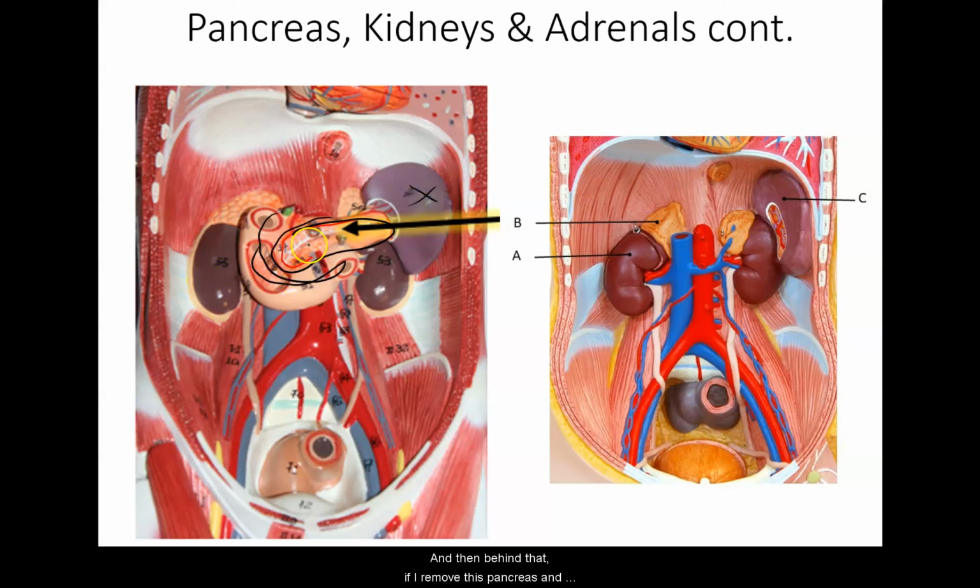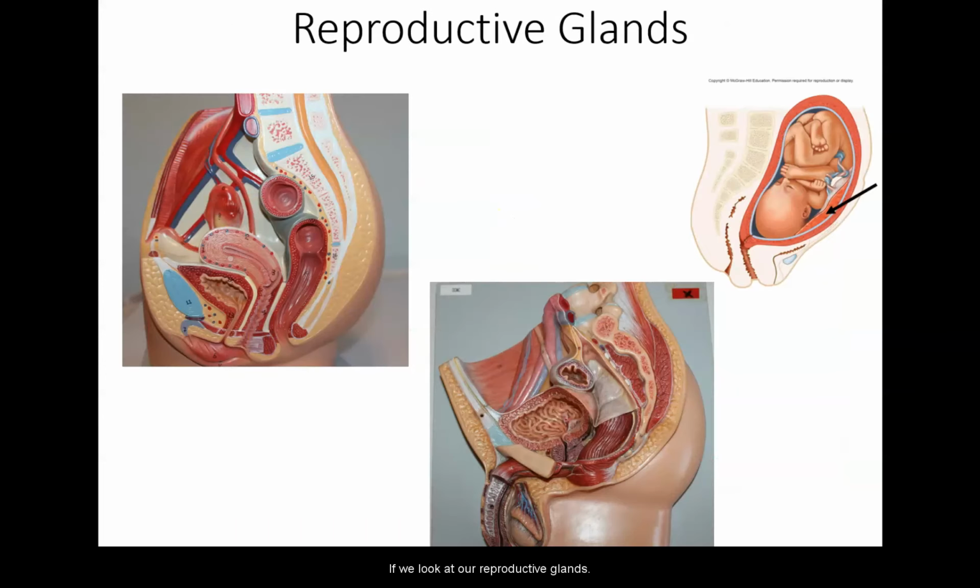And then behind that, if I remove this pancreas and duodenum and spleen, I'm going to see here my right kidney, my left kidney, my right suprarenal or adrenal gland, and my left suprarenal or adrenal gland right there.